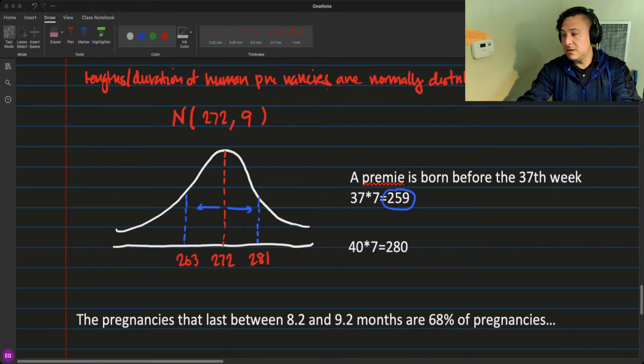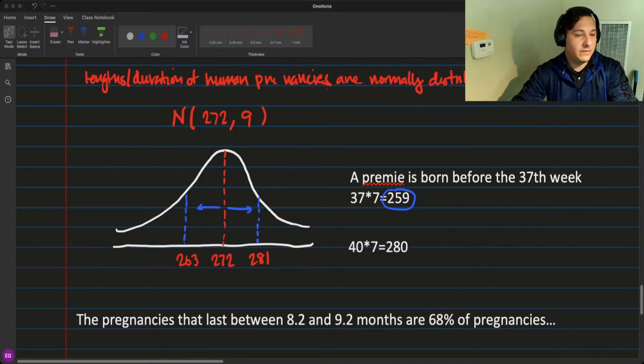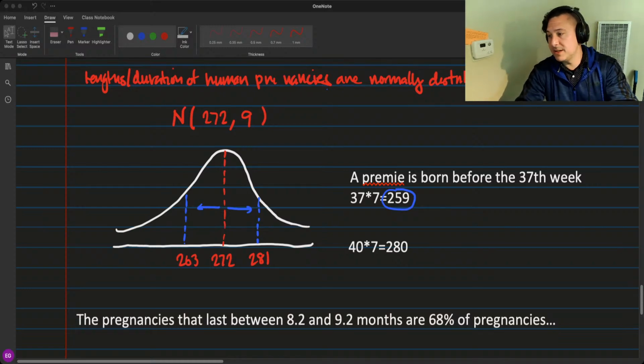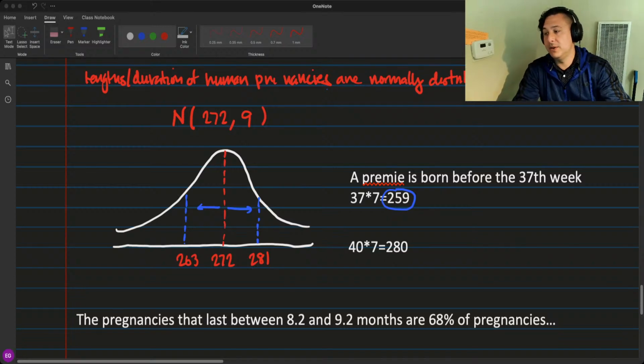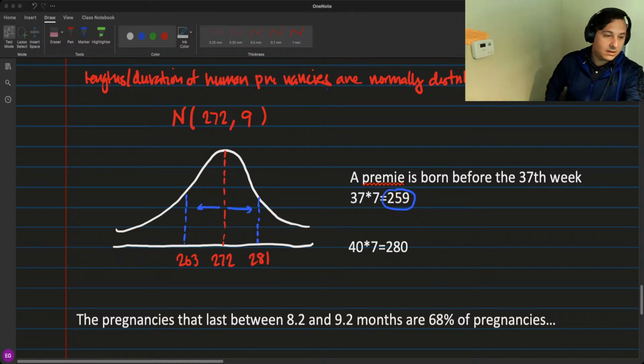Okay, cool. I Googled and I found this article from the National Institutes of Health from 2006, looking at the duration of human pregnancy, and here is the results section. It was a study of 1,094 women, and they noticed that the average length of pregnancy was 272 days.